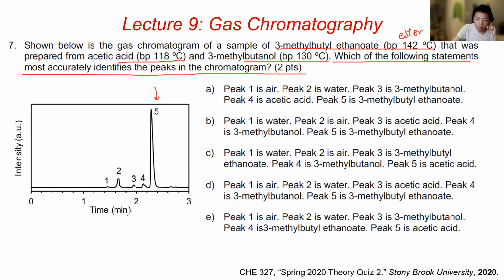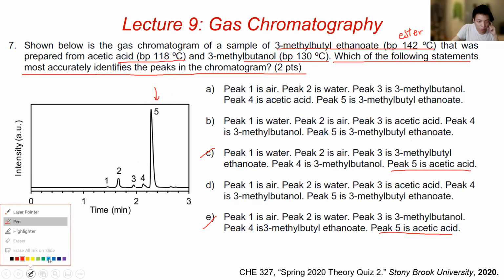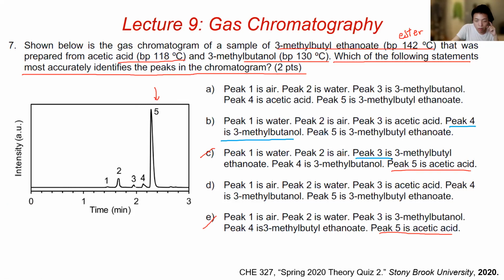Yep. So peak 5 is ester. So that's wrong. That's wrong too, because it says peak 5 is acetic acid. And now we are only left with some other minor differences. Here it says peak 4 is alcohol, and peak 4 is alcohol, so that remains constant.